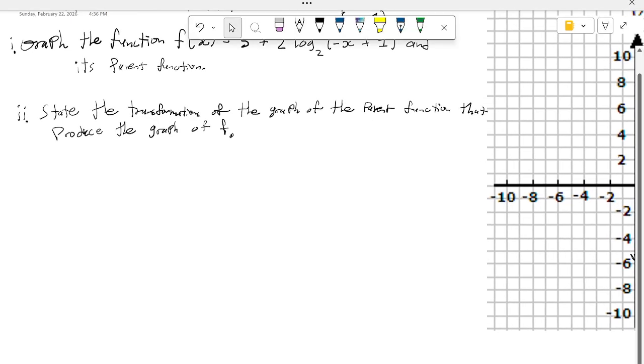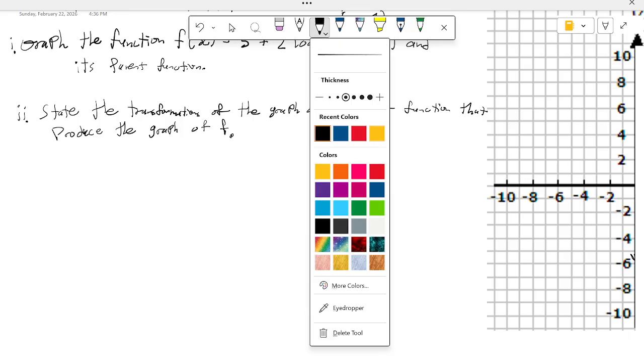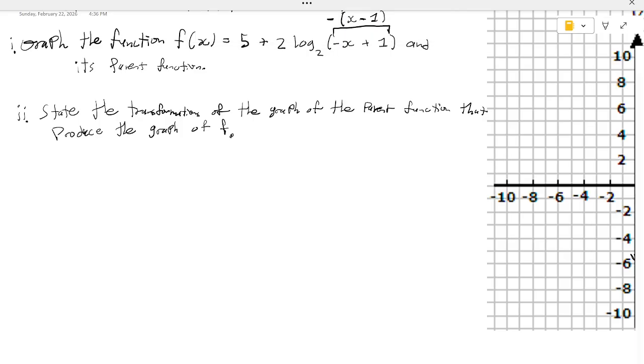Okay, so the order that you want to list the transformations in is generally you want the horizontal dilation and/or reflection to be first.